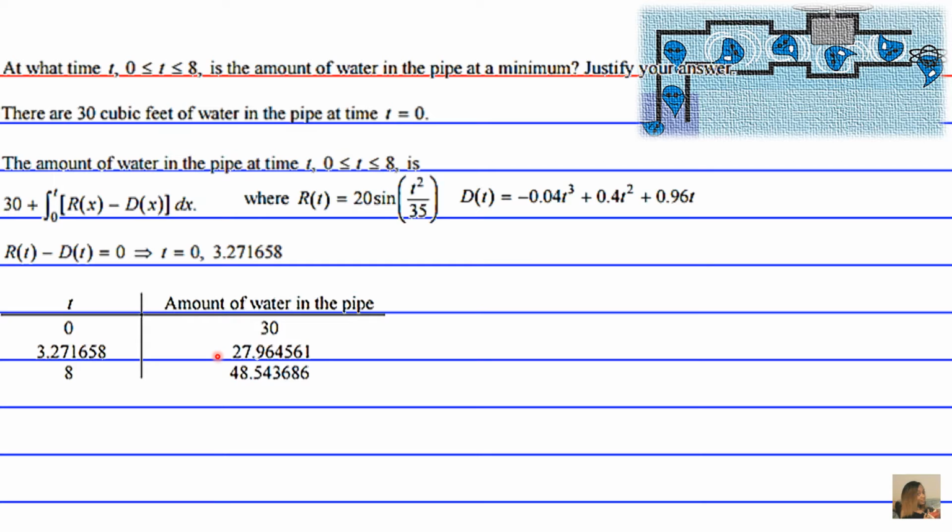And again, just for good measure, in case you're wondering what a critical point is, it's points on a graph of a function where the derivative is 0 or the derivative does not exist, okay? And it has many applications, as we can see here, in determining the minimum water level in some type of pipe. All right.